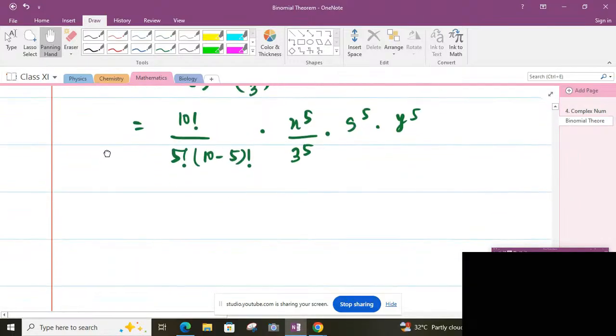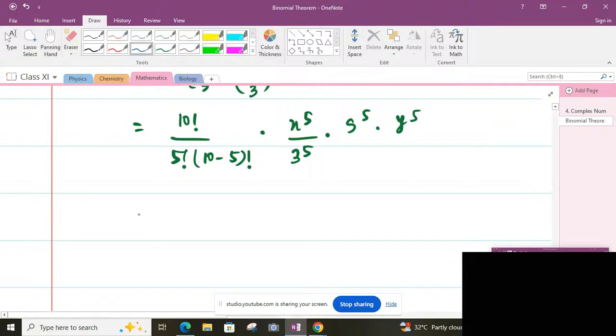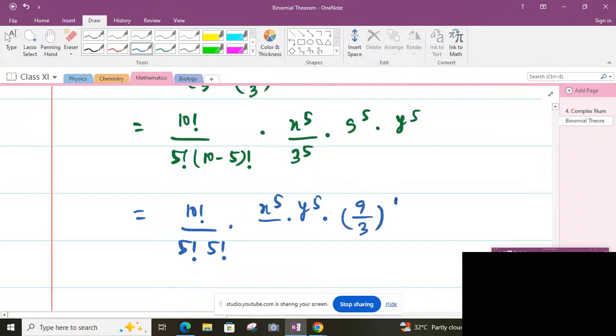The next step here will be equal to factorial 10 by factorial 5 into factorial 5, into x to the power 5 into y to the power 5 into (9 by 3) to the power 5.